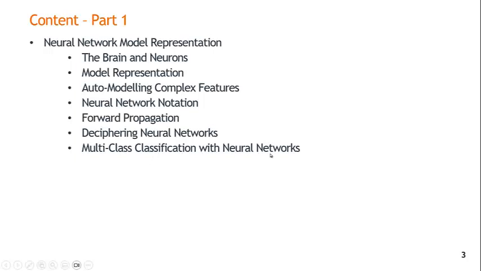Logistic regression was good for 2 classes, and to do more than 2 classes was somewhat involved, either one versus many or one versus one. But neural networks can do multi-class classification in one shot.